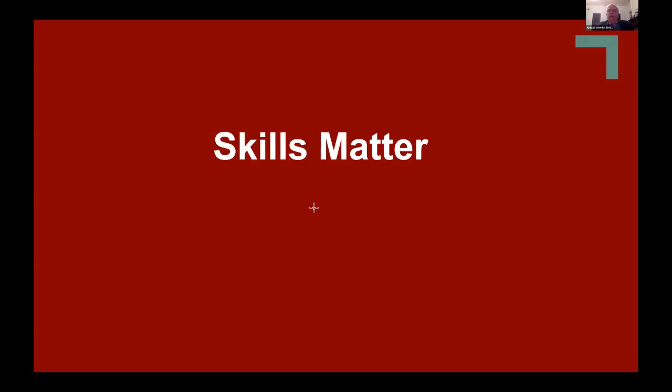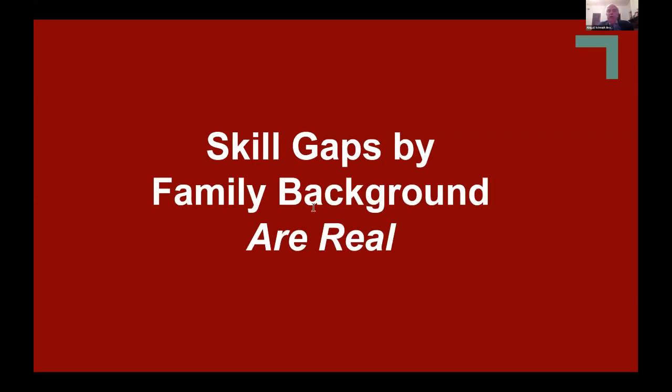So I think we need to summarize. I want to convince you that skills matter, but they're multiple in nature. Skill gaps emerge early, and the importance of family background is real, but it's not all genetic.